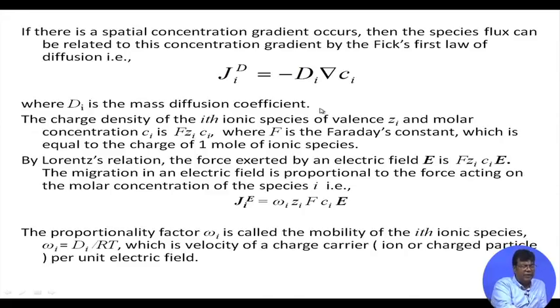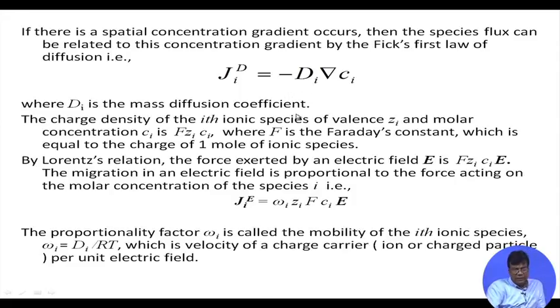Now, it can differ if you have interaction between two ionic species i and j, so it can have a dependence. Here we avoid that, and we consider D_i as the diffusion coefficient for the ith ionic species.